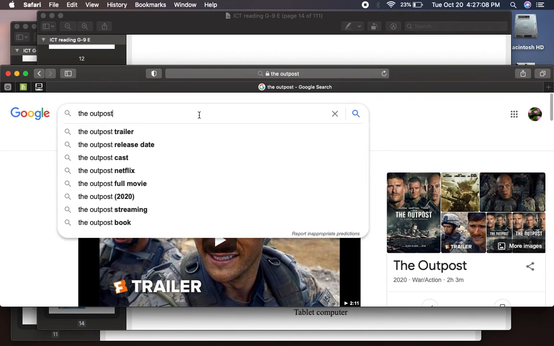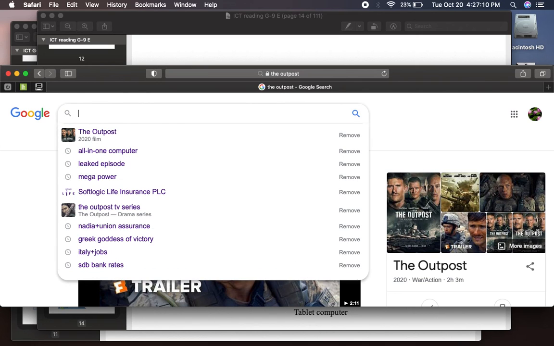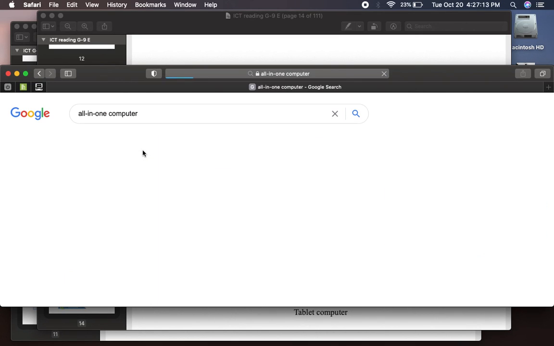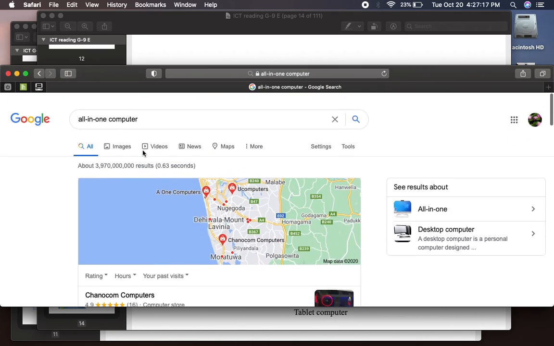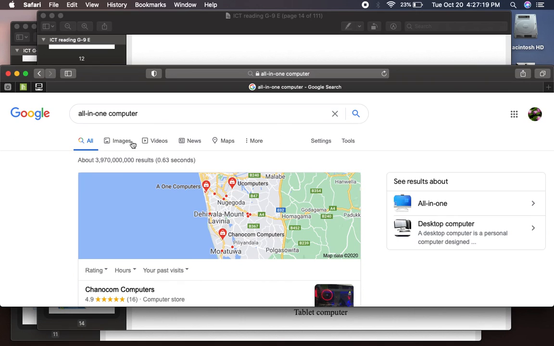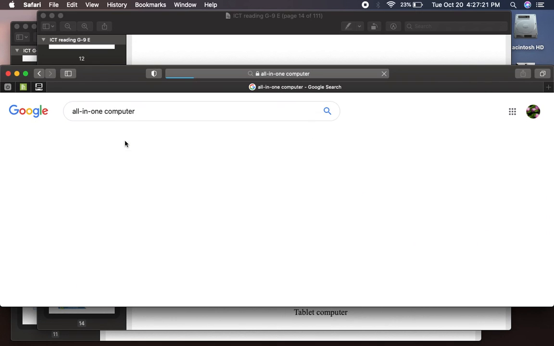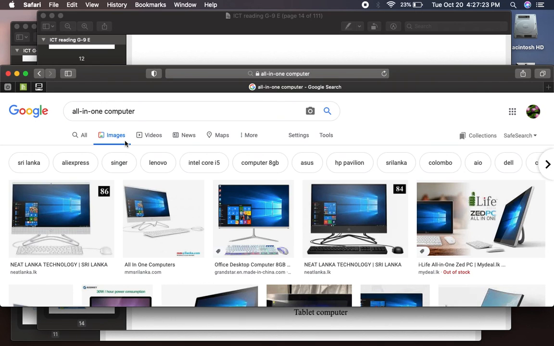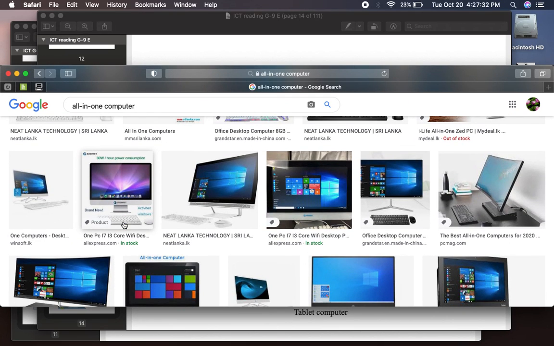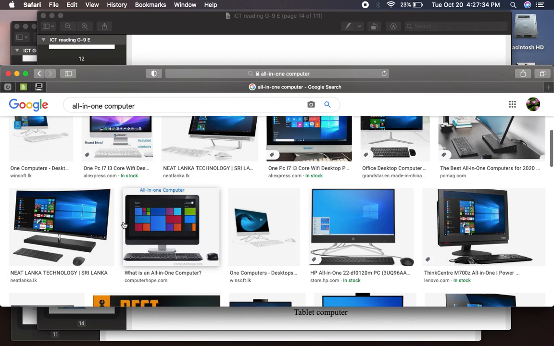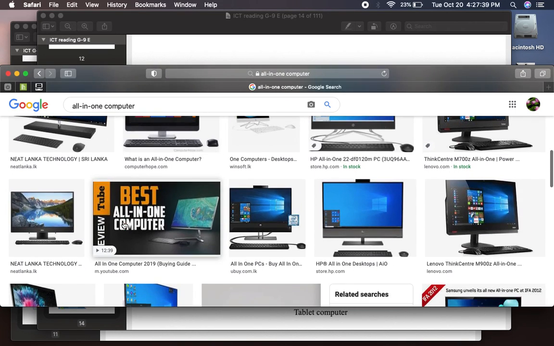So if we look at all-in-one computers, they are units with large screens and without cables or a tower attachment.